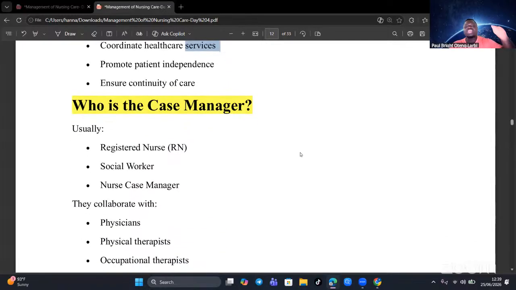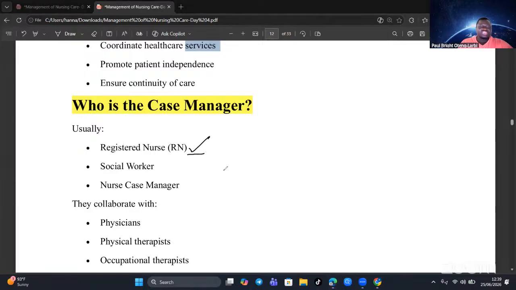So who is a case manager? Which people qualify by the universities to be allowed to specialize as case managers? If you are not an RN, you can't do case management.